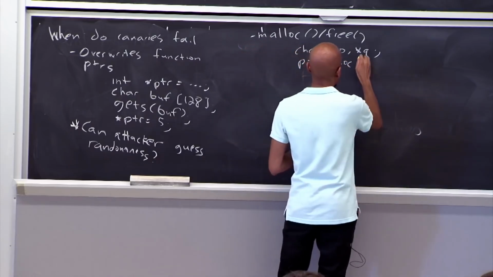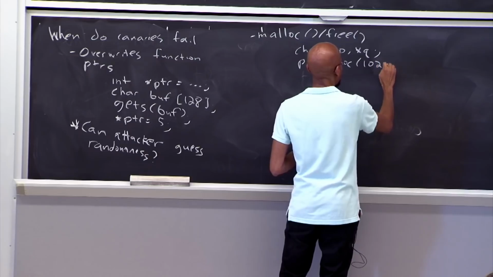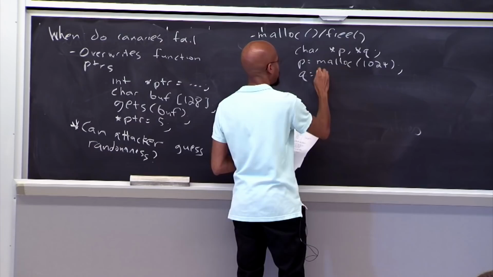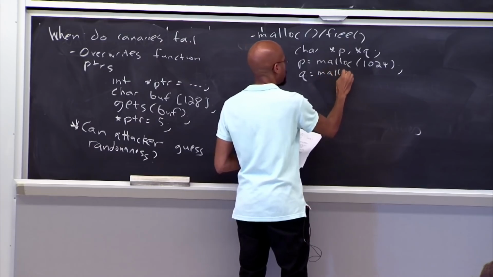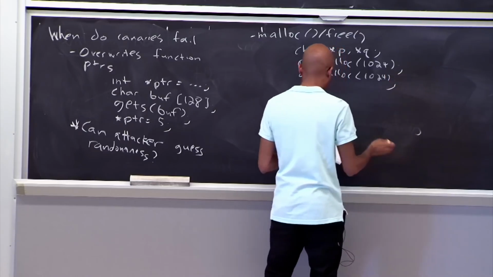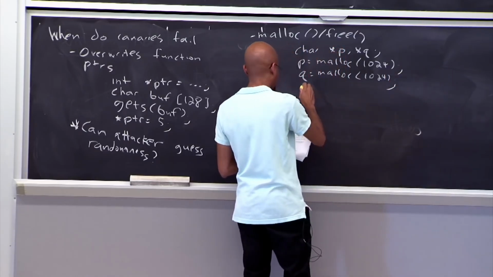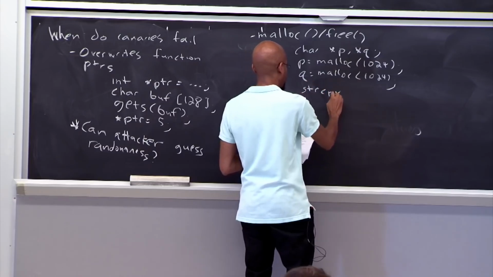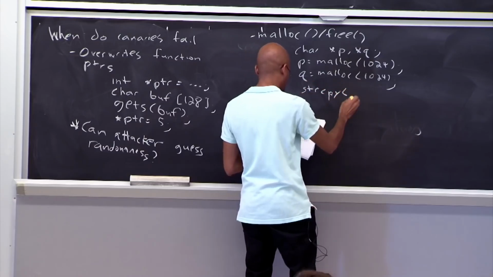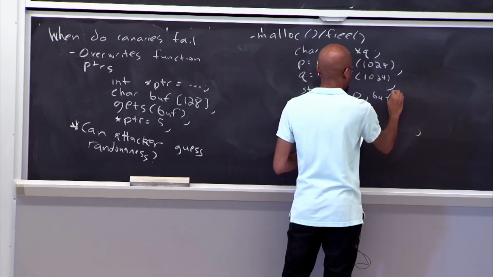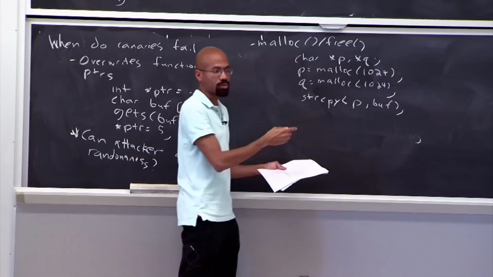And then imagine that we issue mallocs for both of these. We give P 1024 bytes of memory. We also give Q 1024 bytes of memory. And then let's say that we do a strcpy on P from some buffer that's controlled by the attacker.